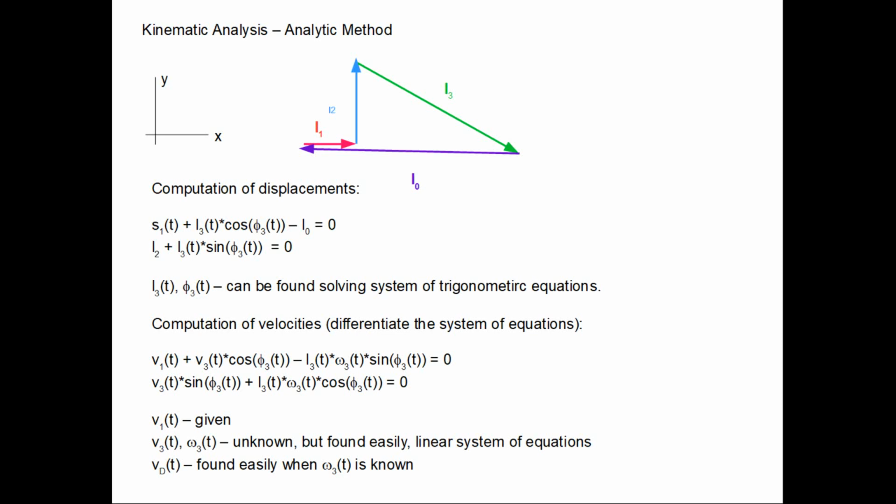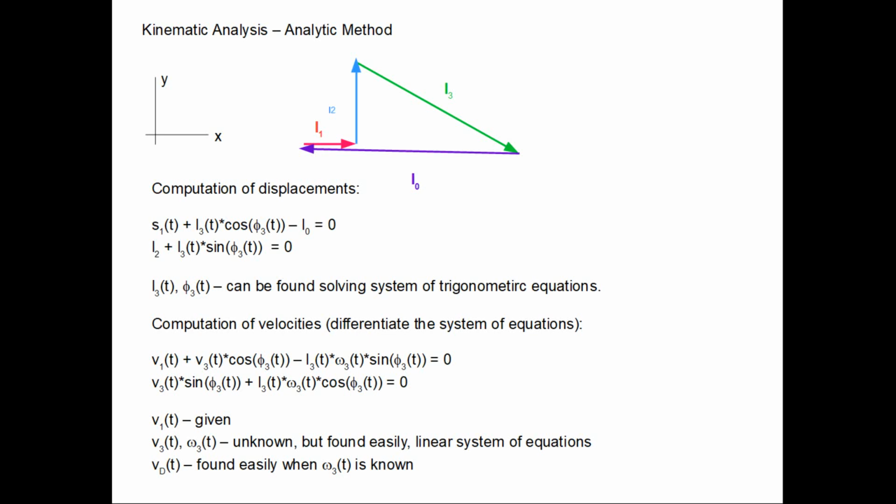So we need to compute the velocities L3 dot of t, which is equal to v3 of t, and phi3 dot of t, which is equal to omega 3 of t.